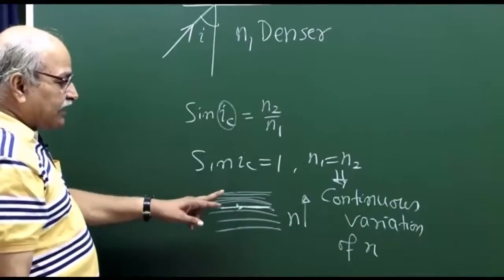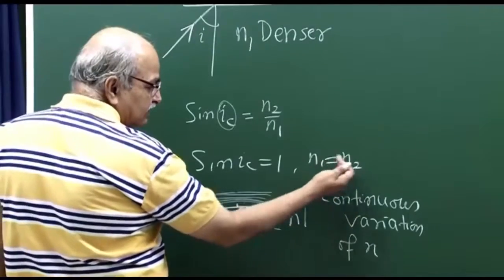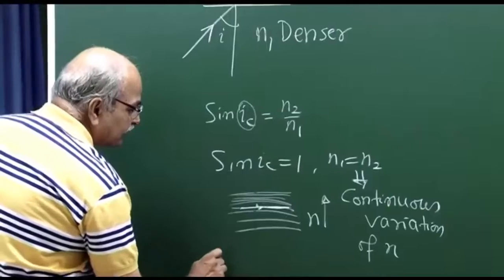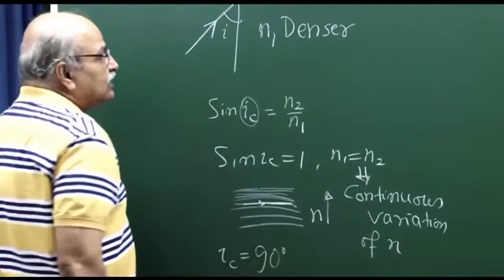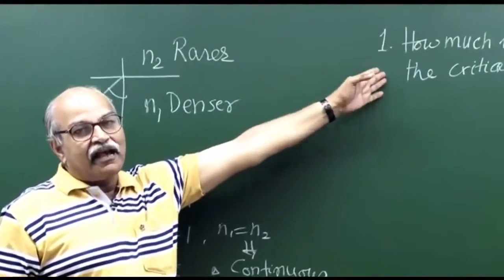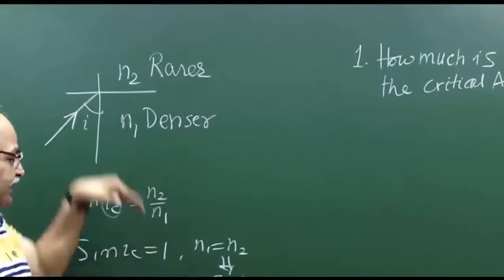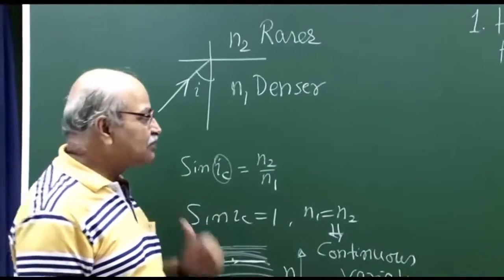There is no discontinuity. It smoothly changes. So you have N1 equal to N2, sin IC should be 1, and therefore IC should be 90 degrees. So the first problem is, what is that critical angle, and when can the angle of incidence exceed that critical angle. So that's the first part.